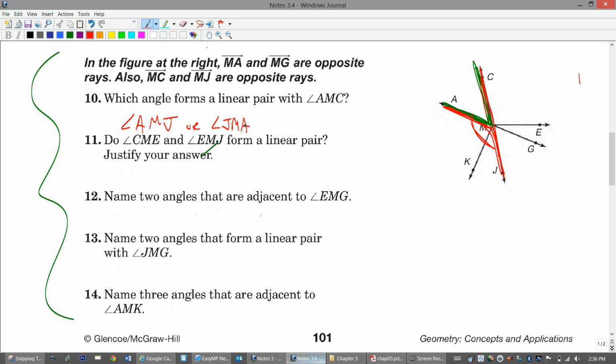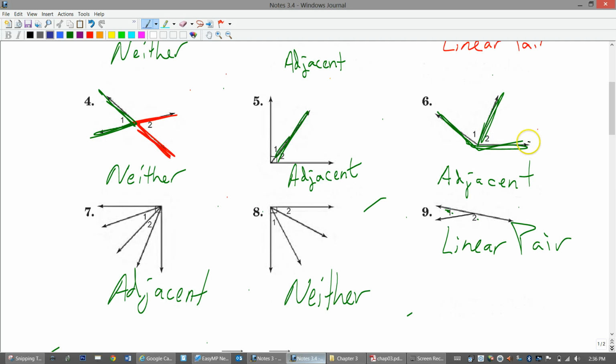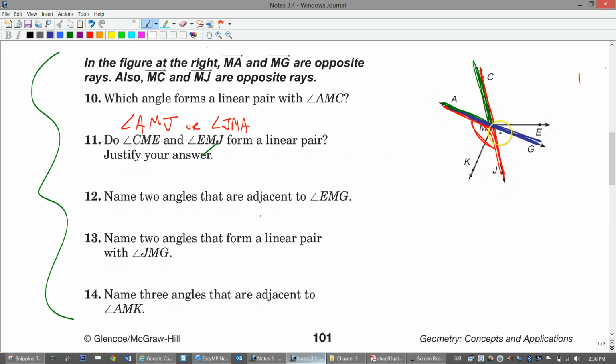A second one is up here, and I say extend this ray. If I extend this ray, that means this angle right here that's left is then a linear pair. Angle CME or angle EMC. Does that make more sense?